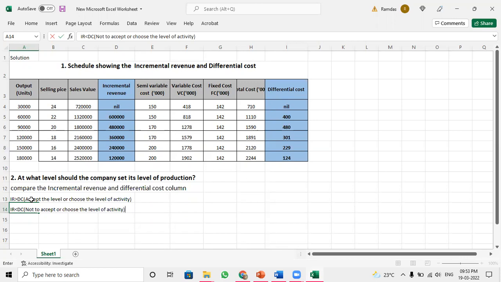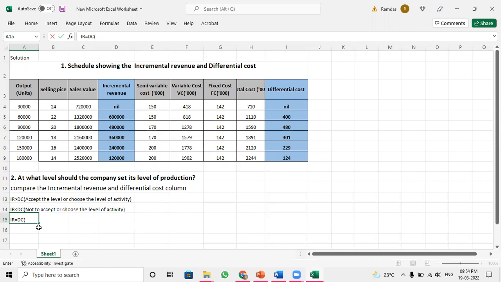Now the question is, what if your incremental revenue is equal to your differential cost? At any level of activity, if you find that your incremental revenue is equal to the differential cost, you have to look into the next level of activity and find out if the incremental revenue is more than the differential cost.